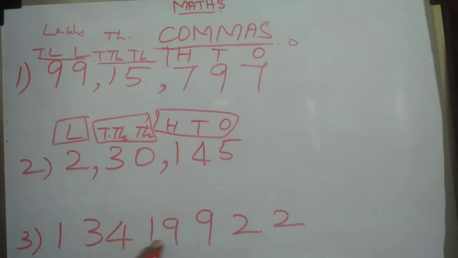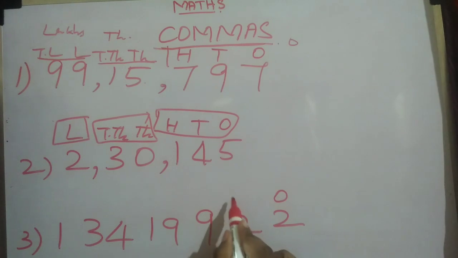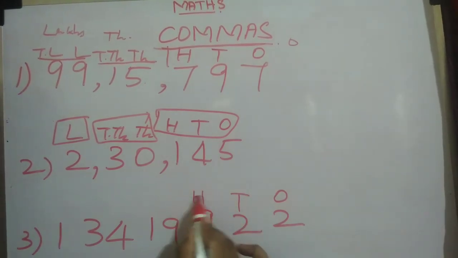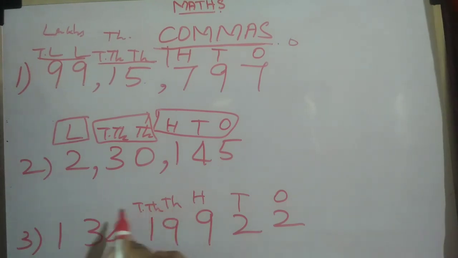Now see the third question. 1 crore 34 lakhs 19,922. Now write the place values from right to left: ones, tens, hundreds, thousands, 10,000s, lakhs, 10 lakhs, crores.